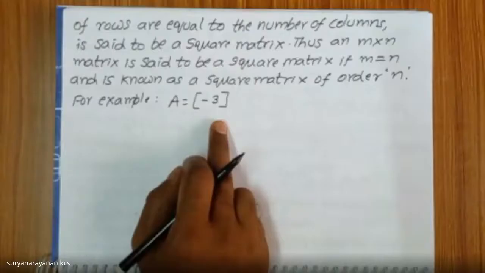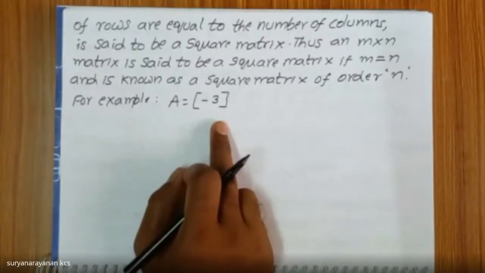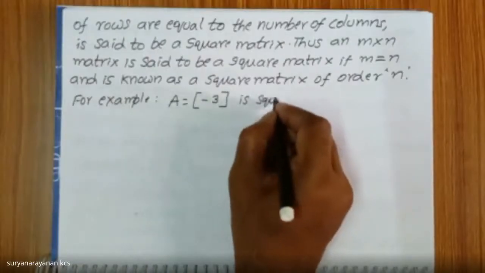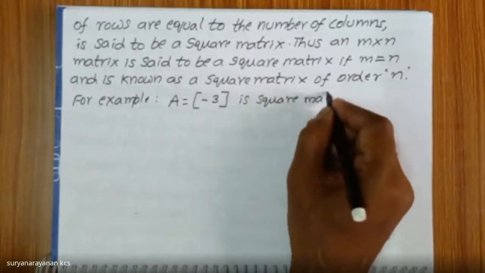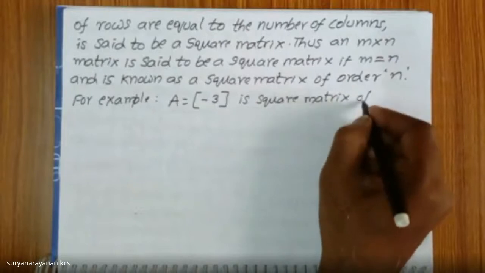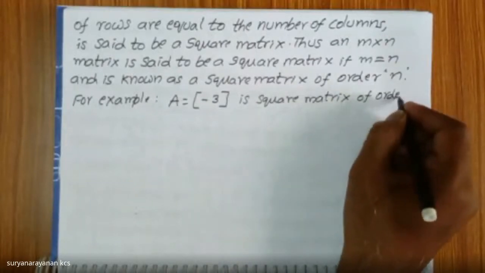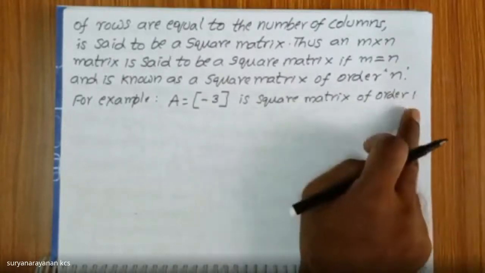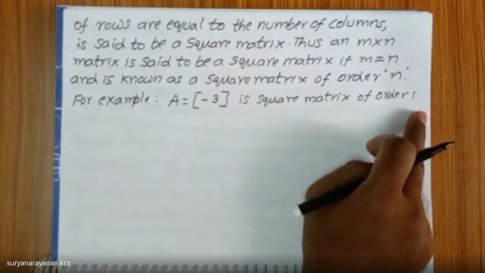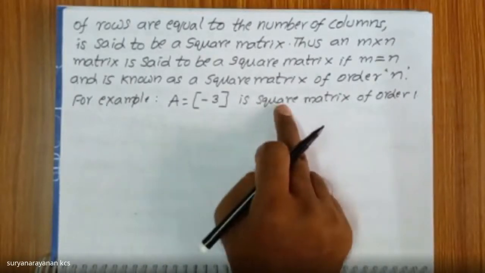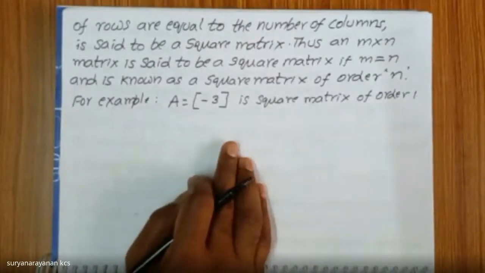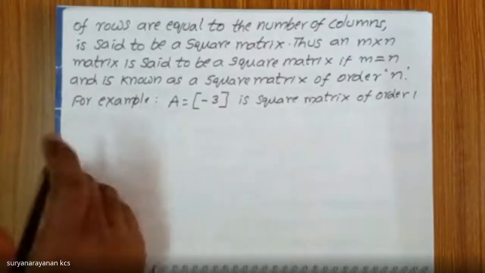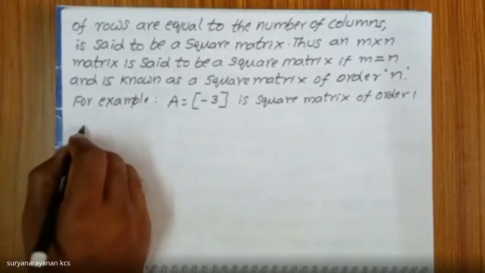How many columns? One, sir. Yes, it is a square matrix. It is an example of a square matrix of order 1. That's enough. No need to say 1 by 1 because we have used the word square matrix. Square matrix of order 1. That means number of rows and number of columns are equal. Similarly, I will take another example.